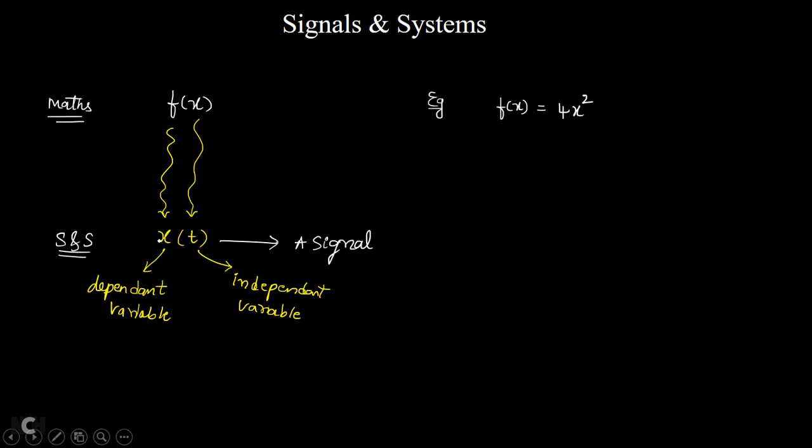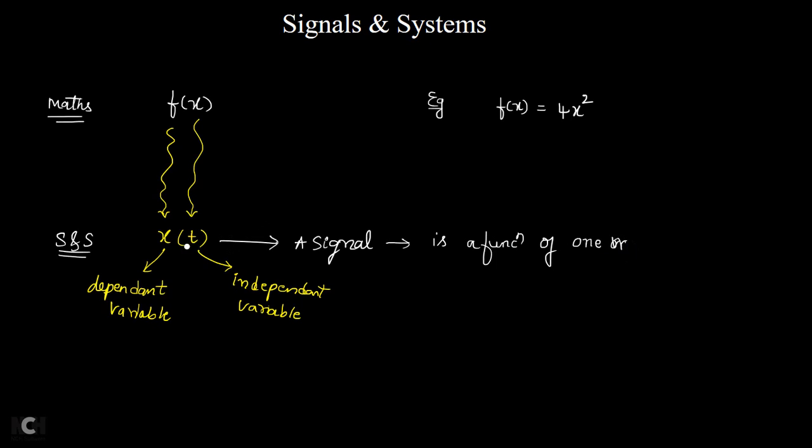A signal should carry some information, like a message, or an audio, or a music, or a photo. So a signal should definitely carry information. We can define a signal as a function of one or more variables.